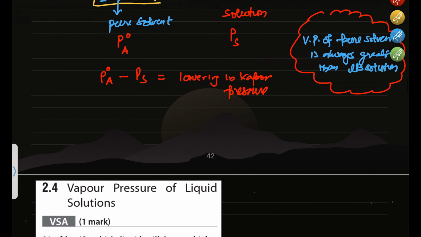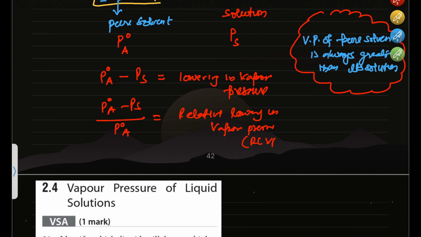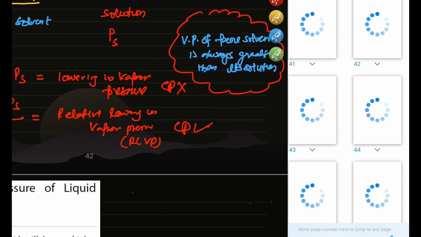If this lowering in vapor pressure is divided by the pure solvent vapor pressure, it is called relative lowering in vapor pressure, RLVP. Relative lowering in vapor pressure is a colligative property, but lowering in vapor pressure is not a colligative property. इसको ध्यान रखें कि lowering in vapor pressure is not a colligative property. Relative lowering in vapor pressure is the colligative property.